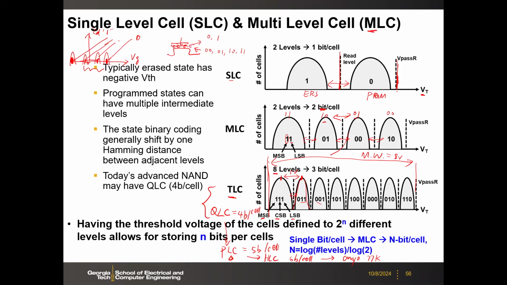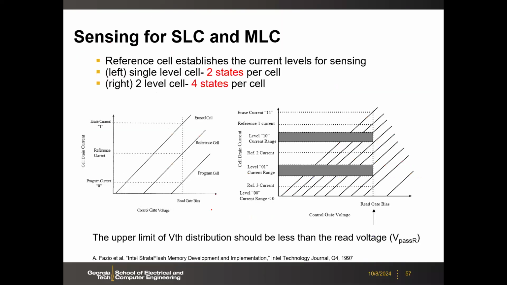So any questions here? So then sensing for SLC and MLC, or in general, multi-bit per cell. Because the ID-VG will have this kind of IV characteristic, what you want to do is to insert some reference cell or reference current in between, and then you read the cell from here and compare the currents.